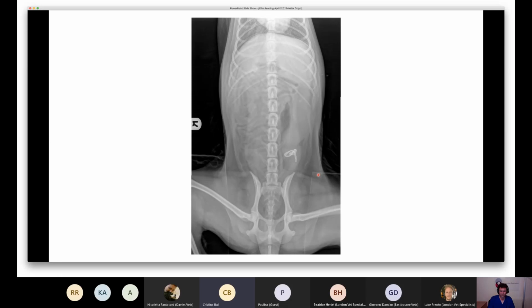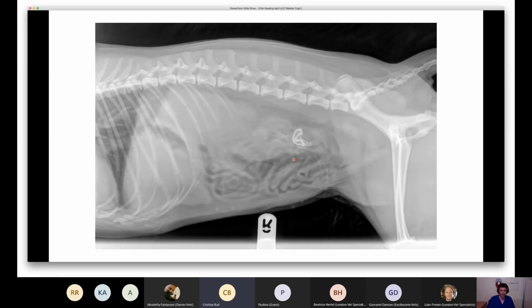I'm not so sure what's going on with that soft tissue opacity. I can't visualize the kidneys very well. I cannot see the outline of the spleen either, so I would probably recommend performing further tests to confirm diagnosis. Okay, yeah, no, I absolutely agree.